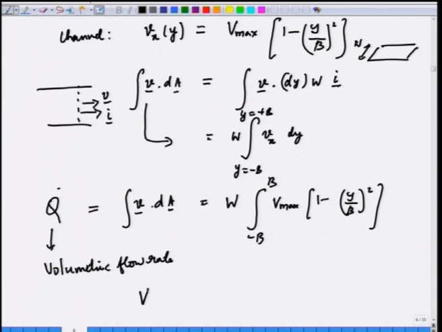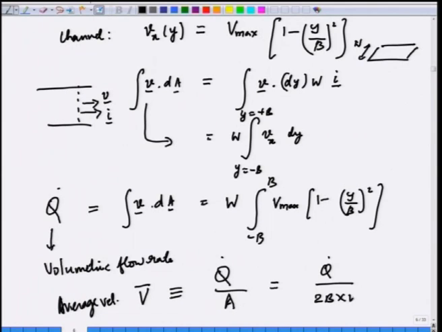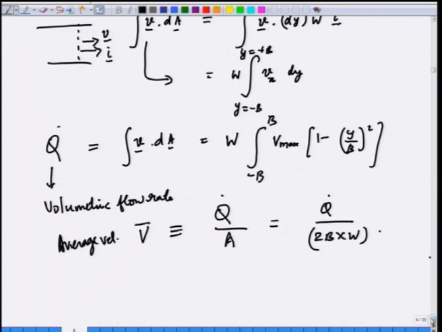To get a definition of an average velocity in the channel, V bar, it is defined as the volumetric flow rate Q dot divided by the cross sectional area of the channel, which is 2b times W. The gap of the channel is 2b, and the width out of the paper is W. So one defines the average velocity by computing the volumetric flow rate for a non-uniform flow and dividing by the area.